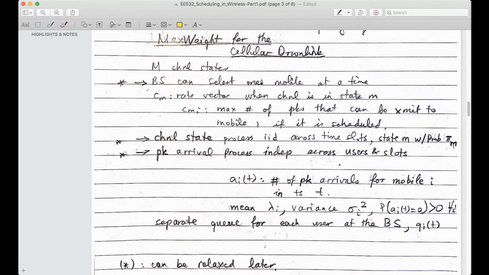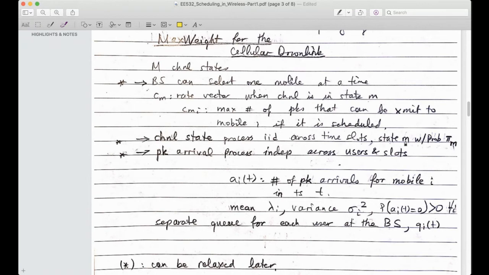Now, suppose in general there are M channel states and the base station can select one mobile at a time. Let C sub M be the rate vector when the channel is in state M. C sub M,I is the maximum number of packets that can be transmitted to mobile I if it is scheduled. The channel state process is IID across slots, and we observe state M with probability pi m.